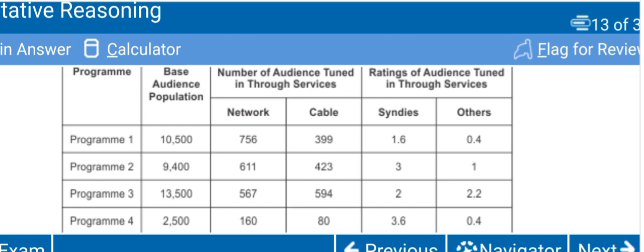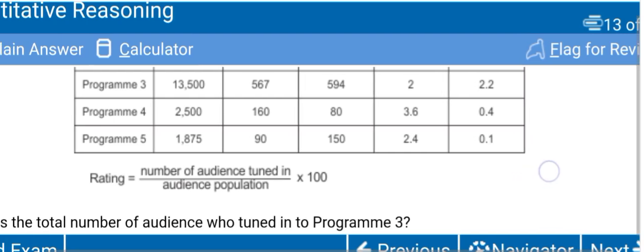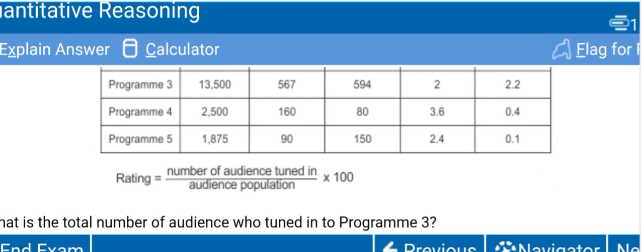Then we have ratings of audience tuned in through services, Cindy's or others. Rating equals number of audience tuned in divided by audience population multiplied by 100.